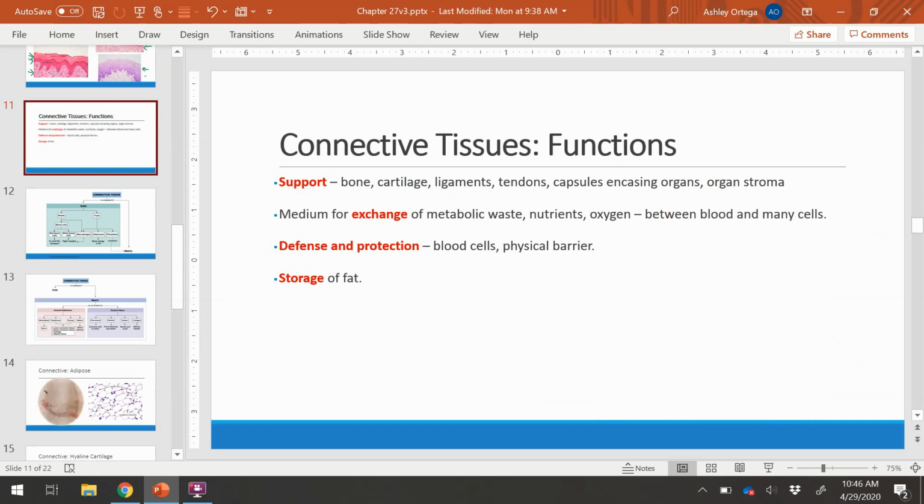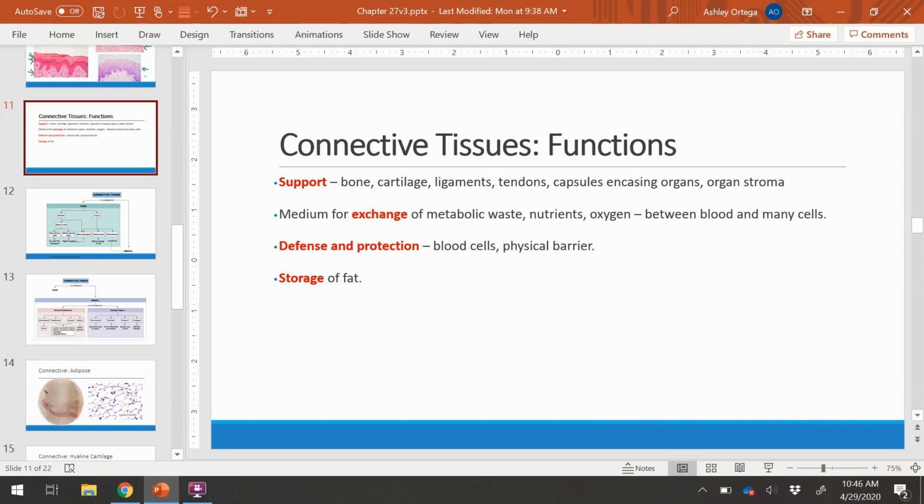It has bone tissue, cartilage tissue, ligament, tendon, capsules encasing organs. So the body cavities will have connective tissue, and organ stroma, which is just the different connective tissue making up organs. All of that can be there for support.